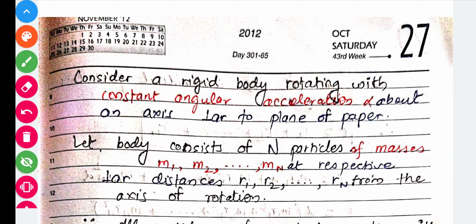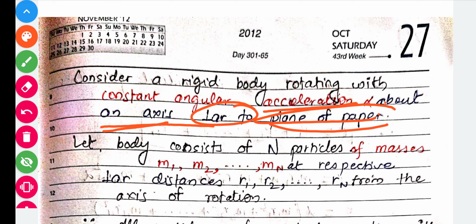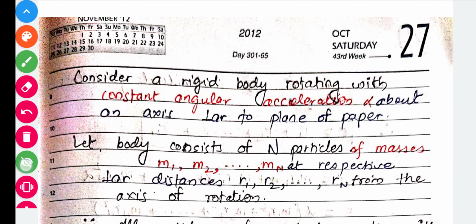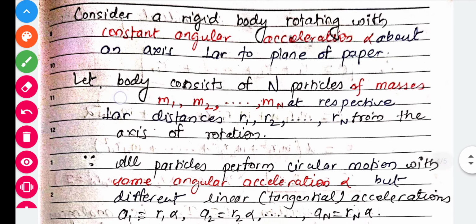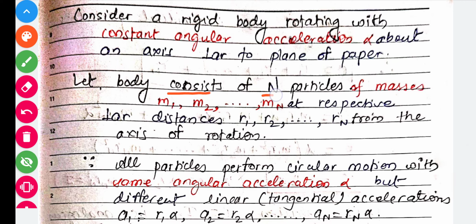Now, as usual, for the mathematical expression, consider a rigid body rotating with constant angular acceleration alpha about an axis which is perpendicular to the plane of paper. I have told you the meaning of perpendicular to the plane of paper. Now let the body consist of n particles, with masses m1, m2, and up to mn. They are at the respective perpendicular distances r1, r2, and rn from the axis of rotation.